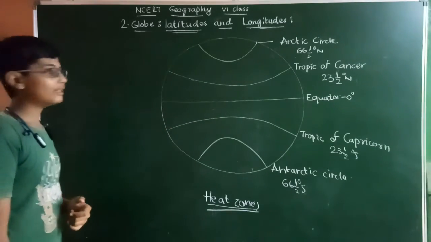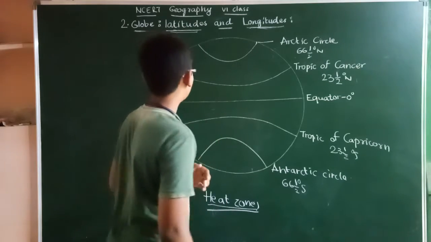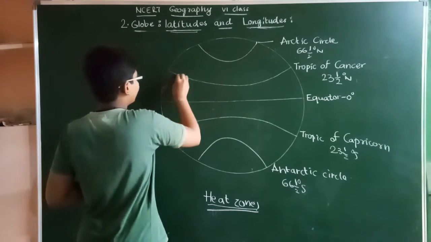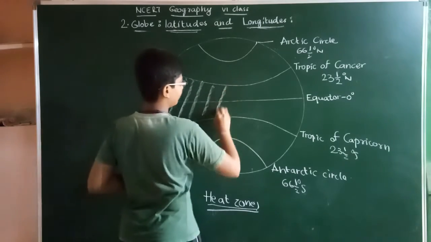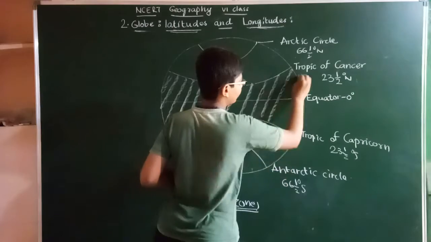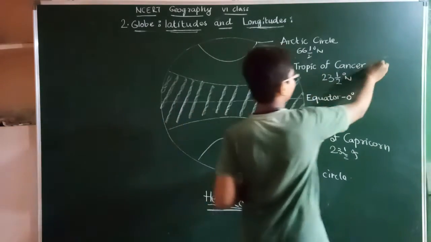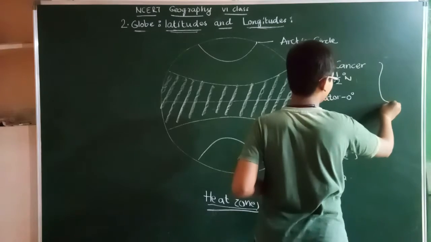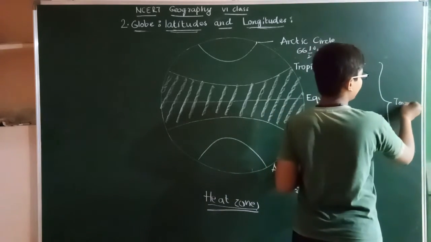Now let's see them one by one. First, the area between the Tropic of Cancer and the Tropic of Capricorn, we call it the torrid zone.